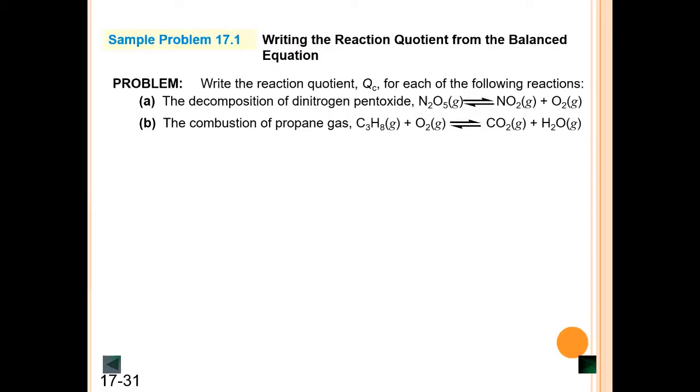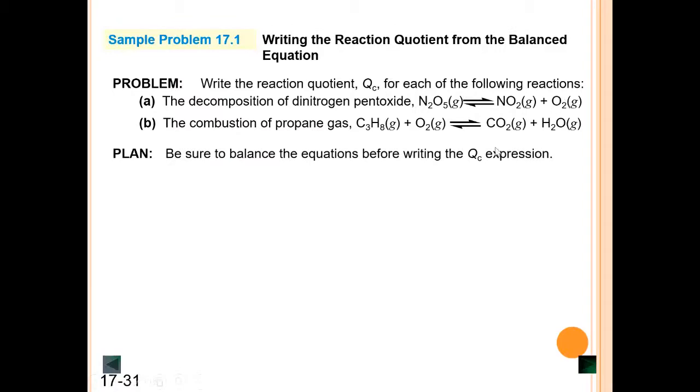This is how we write the reaction quotient expression from the balanced equation. It is the same as when we write the Kc expression: the ratio of the concentrations of the products to the reactants. Looking at the first equation, 1 N2O5 produces 1 NO2 plus 1 oxygen gas.